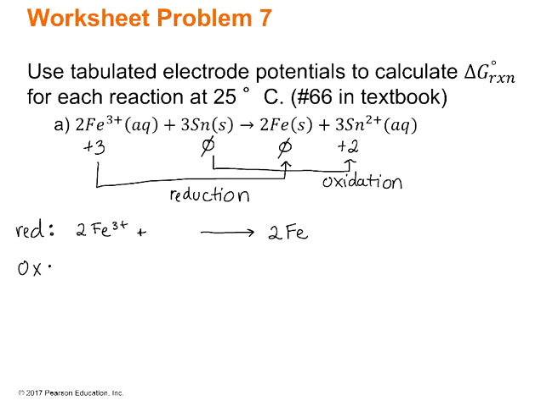And then our oxidation half reaction, we've got 3 moles of tin becoming 3 tin 2 plus ions, and then they're going to lose some amount of electrons. Okay, so if we have 2 Fe 3 plus ions, how many electrons does each ion have to gain to become neutral?